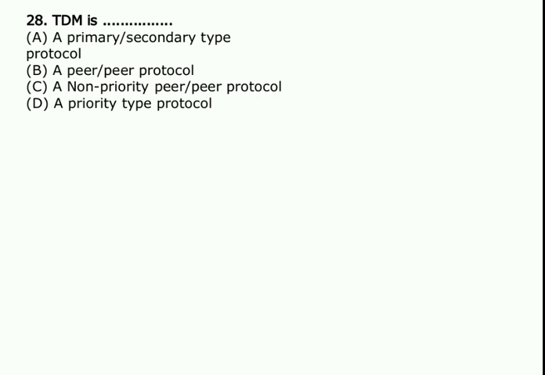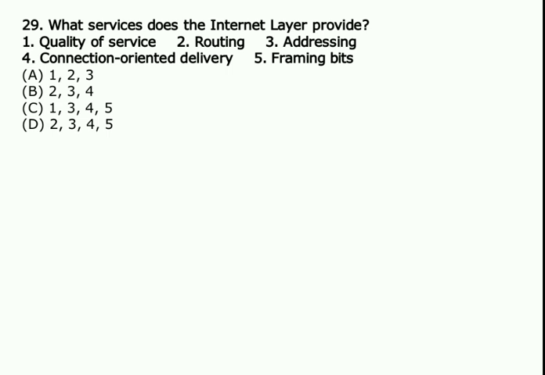So TDM is a non-priority P2P protocol. Token bus or token ring are known as priority P2P protocols, whereas TDM is called a non-priority P2P protocol. So option C is the correct one.